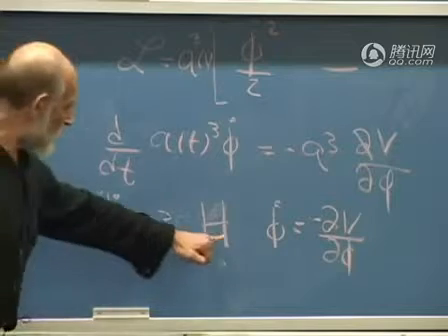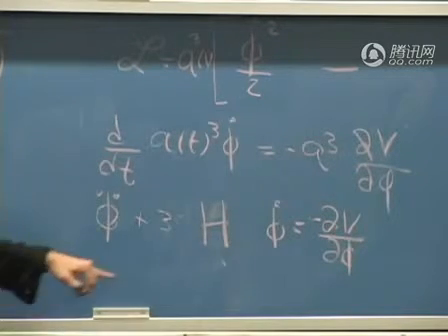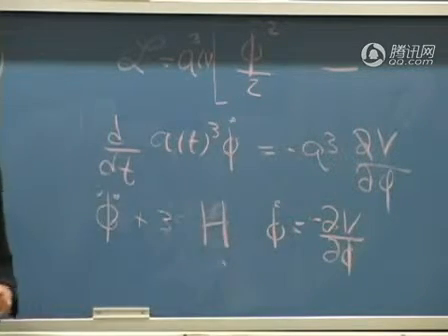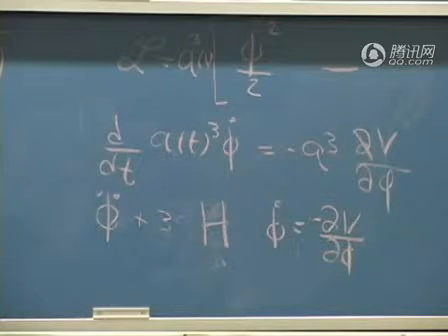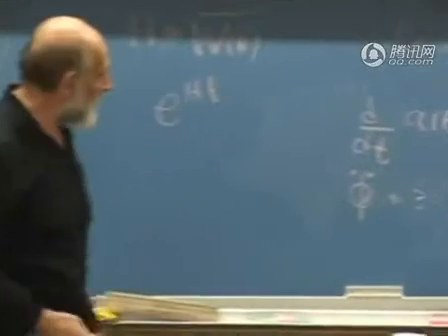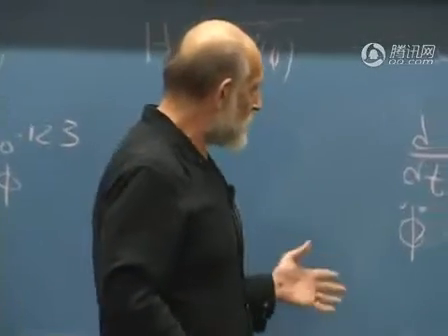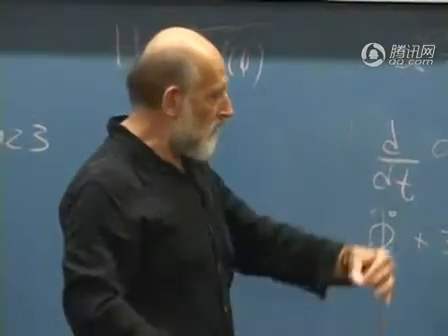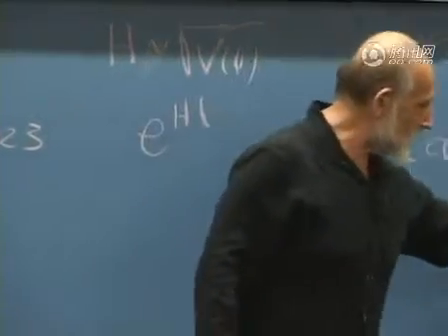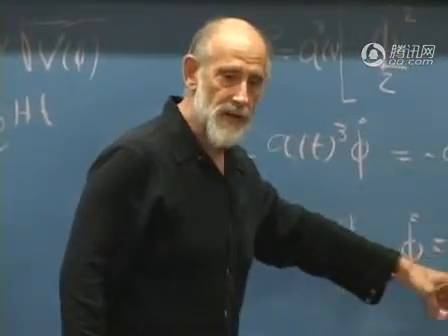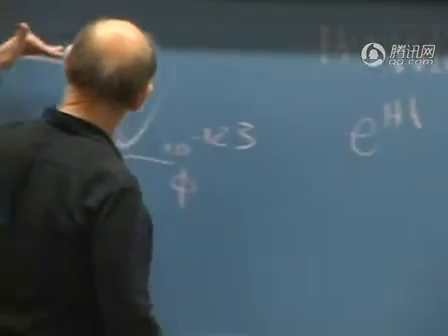Have you ever seen an equation of motion with a single phi dot in it like that? Viscosity. A ball or a rock falling through water. This is essentially the equation of motion of a rock falling through water. Here's the gravitational force on it, dV d phi, and it's proportional to the slope here.